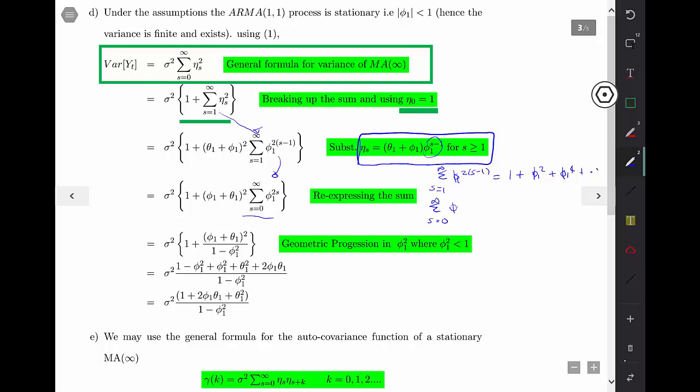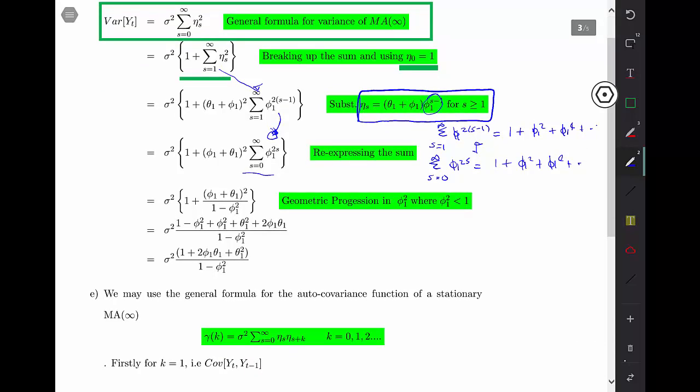Again, phi 1 to the 2s. At s equals 0, we're going to get phi 1 to the 0, which is 1. Plus, at s equals 1, we're going to get phi 1 squared, phi 1 to the 4. So the two things are equal to each other. So we've just re-expressed the sum by lagging it back one period. And again, this is just a geometric progression in phi 1 squared.